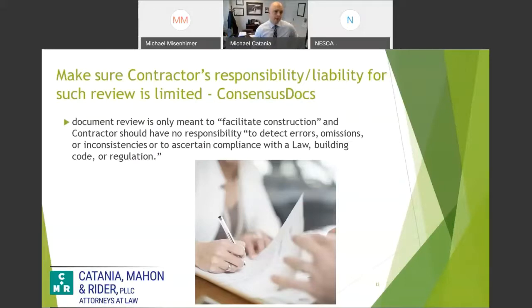That's very important language, and it's language that is not found in many of the owner-modified contracts. And again, you have to be very careful of this because you start to get into insurance issues, whether or not your general liability is going to cover a claim by the owner with respect to a failure to detect an error in the plan, things of that nature.